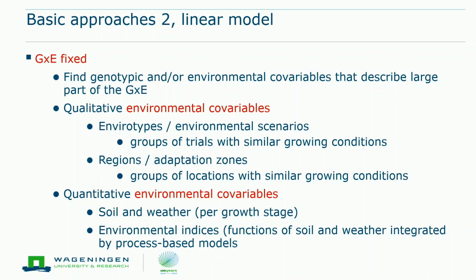Of course, many people work on characterization of the environment by using crop growth models. You can have soil and weather information that you try to insert directly in the statistical model. You can also first integrate the environmental information via a crop growth model and then insert it in a statistical model. I think these are all ways of hybrid modeling of G by E.